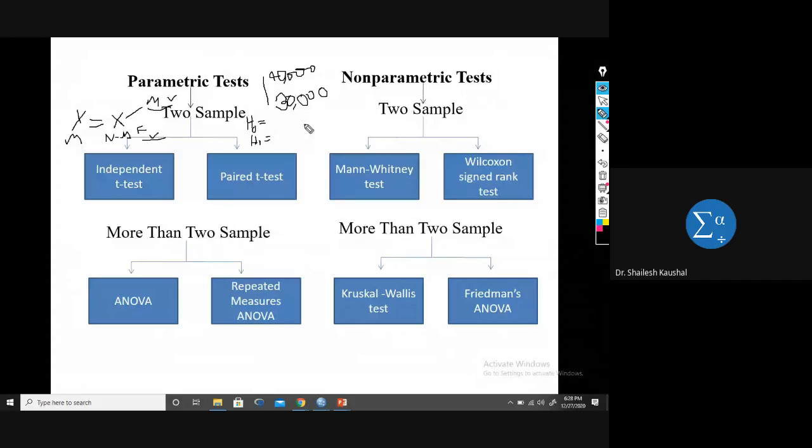When you compare two groups, you will always find a difference in the means, but whether this difference is significant or not is the question.